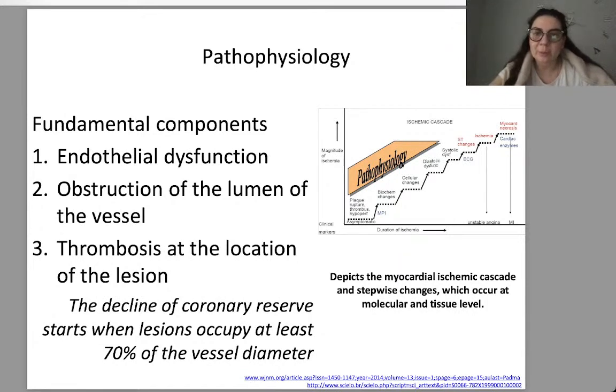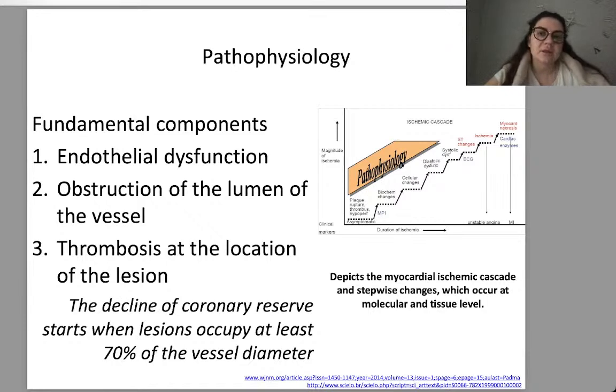And the third mechanism is thrombosis at the location of the lesion. Usually it is connected with atherosclerosis too, with the rupture or damage of an unstable atherosclerotic plaque and formation of thrombus on the surface of this plaque. Usually it leads to acute forms like unstable angina and especially myocardial infarctions.